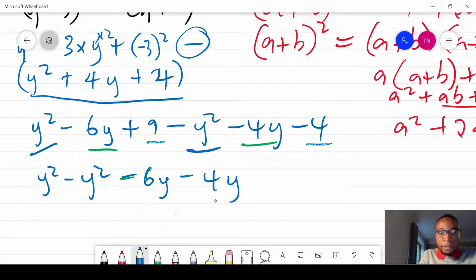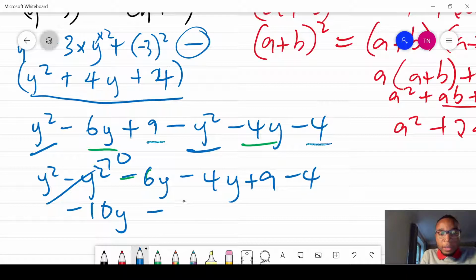So they're going to give us 9 minus 4. So this, they give us 0, y minus y gives you 0. Then minus 6y minus 4y is going to give you minus 10y. Then 9 minus 4 is going to give you minus 5. So that is your answer right there.